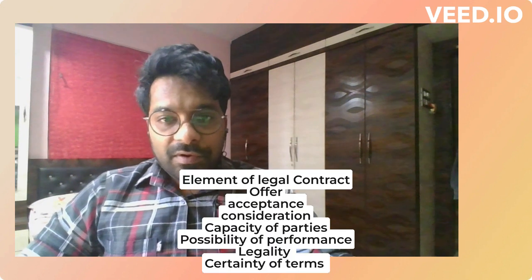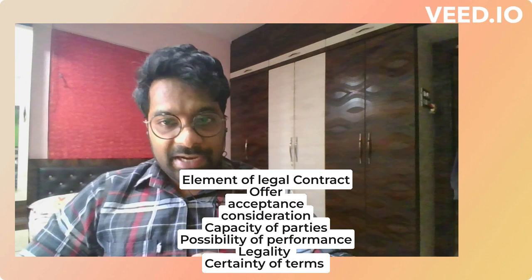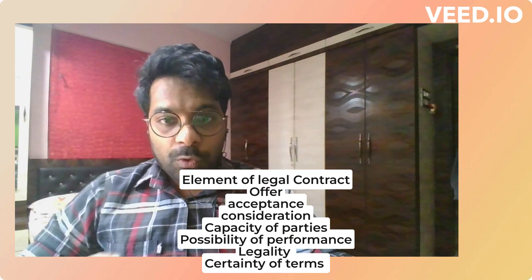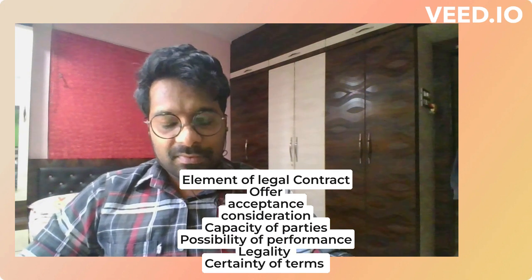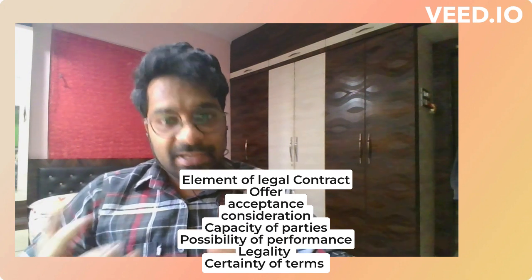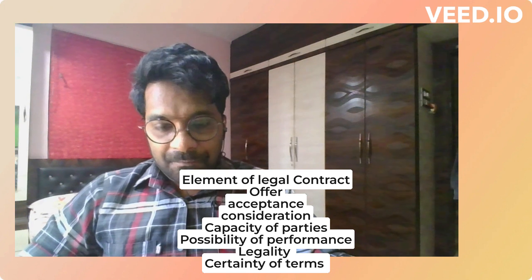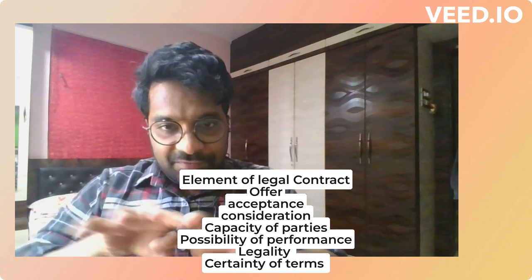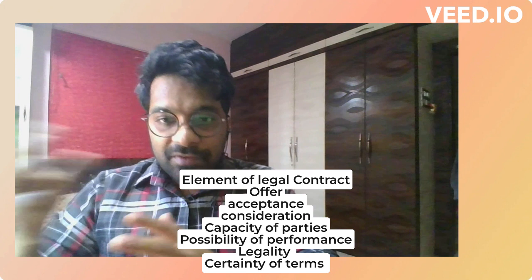The definition of a contract is a legally binding agreement between two or more parties. Just like that, it's an agreement between two or more parties, legally binding. There is something differentiating contracts from agreements. For a contract, it should have seven elements.